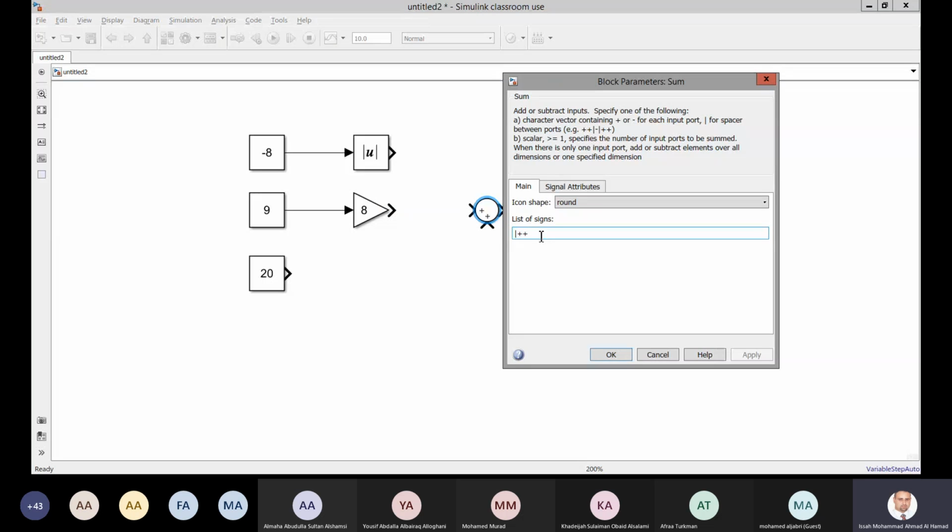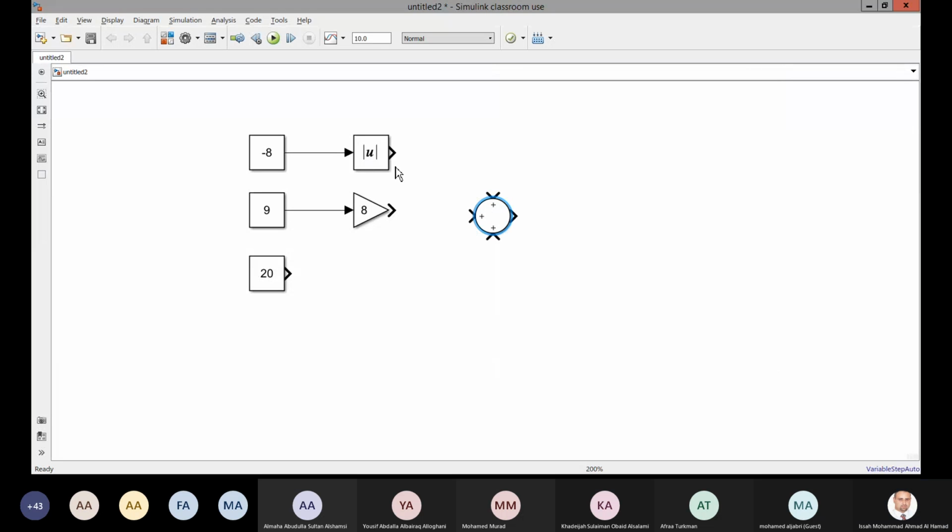I will add another sign. I will distribute the signs on the sides. I will add one here, and one here.